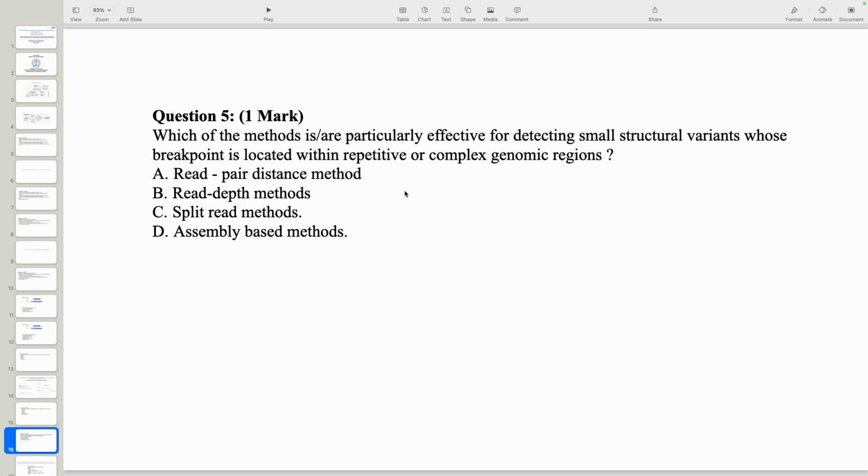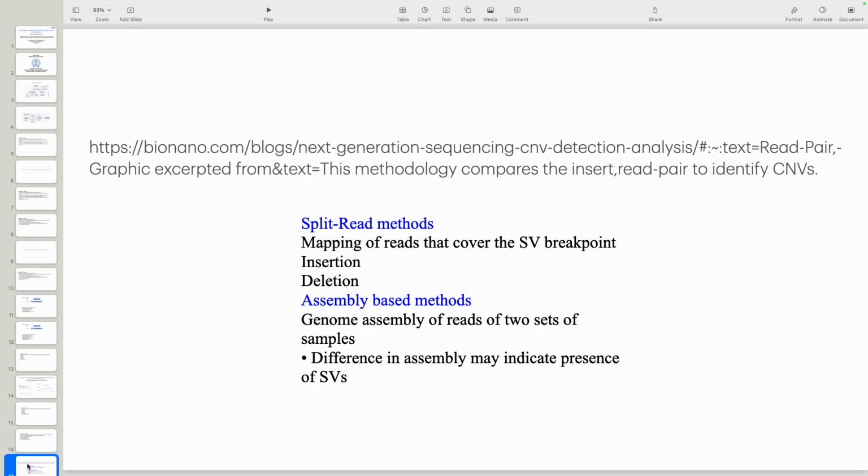It is because here the reads are also splitting. Reads are not splitting, but reads are covering the different portions of the genome, and there are certain unmapped regions in both of these which tend to give us the information about the breakpoints in the particular locations.